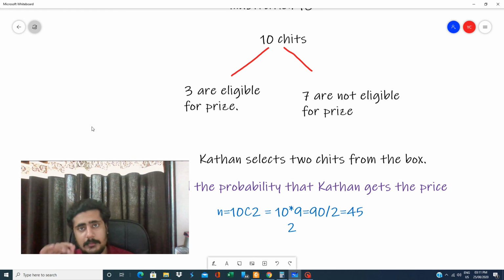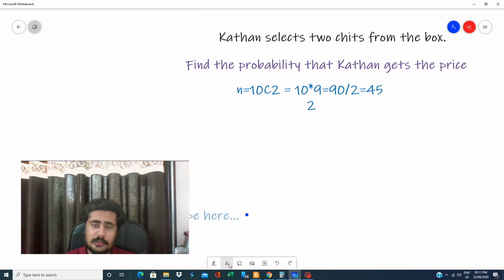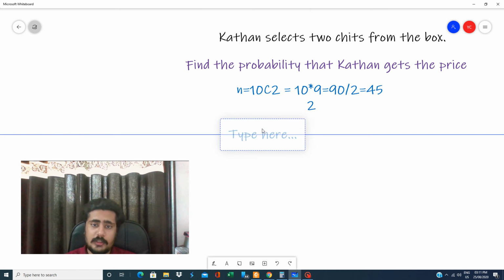Now imagine that you are Kathan. You are selecting two chits, and I am asking you to find the probability that you get a prize. Now there are two situations in which you will get the prize. What are the two situations?